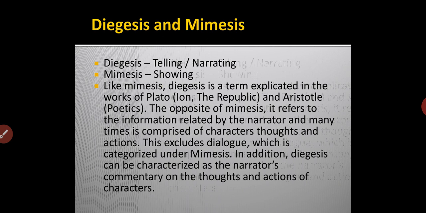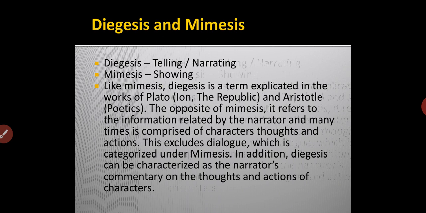Okay, so we have already discussed while we were talking about Aristotle that diegesis is basically telling or narrating, whereas mimesis is showing. As in when you look at a play or a drama of sorts, or even a novel for that matter, it has both concepts. Diegesis is wherein the author tells you what's happening.